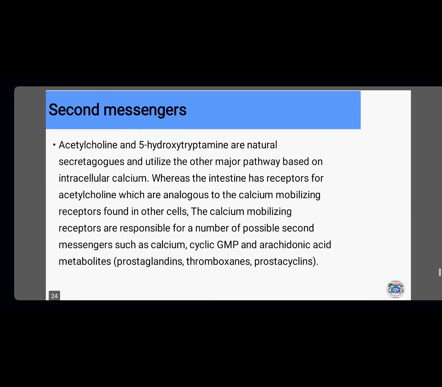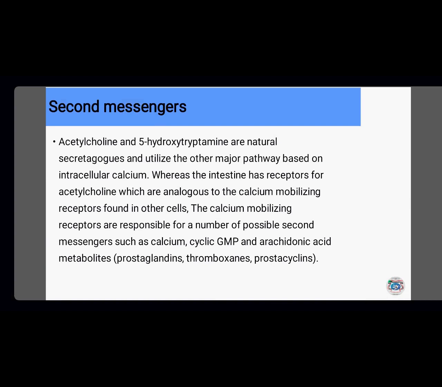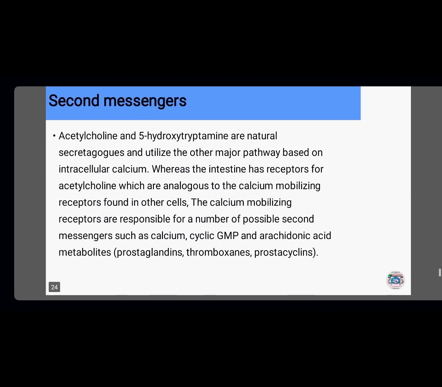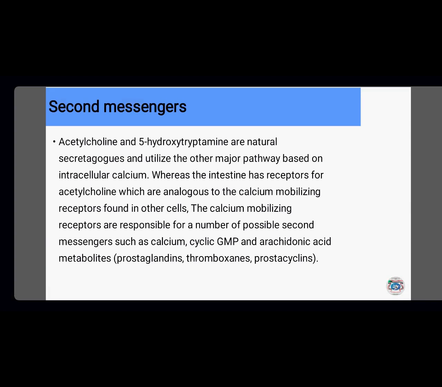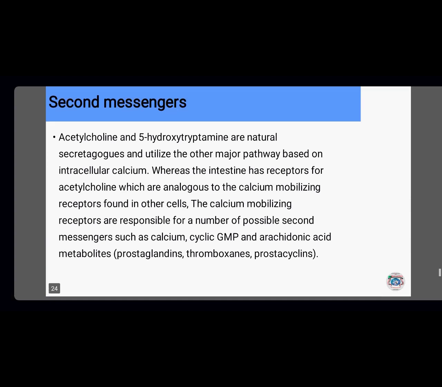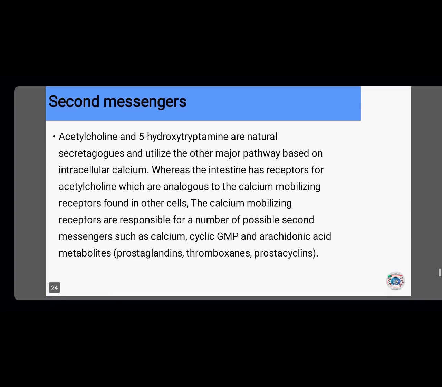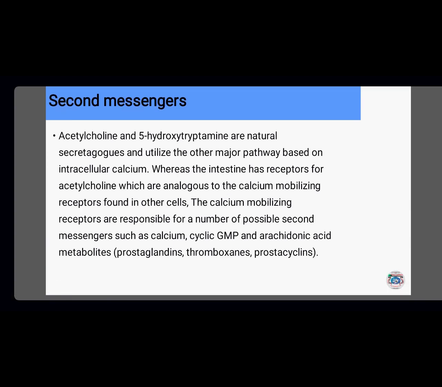Acetylcholine and 5-hydroxytryptamine are natural secretagogues and utilize the other major pathway based on intracellular calcium, whereas the intestine has receptors for acetylcholine, which are analogous to the calcium mobilizing receptors found in other cells.